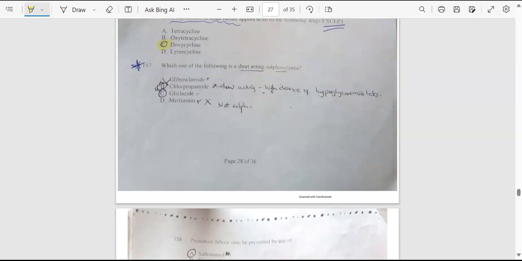Anyone with an answer? Short-acting, thank you Divya. She has told us gliclazide, glipizide, and tolbutamide.